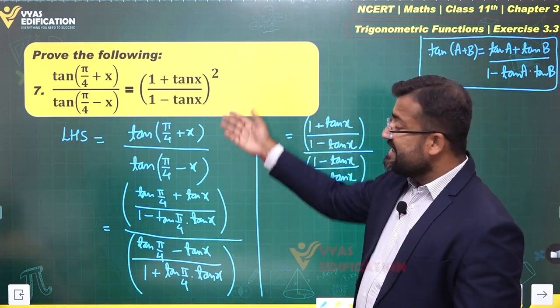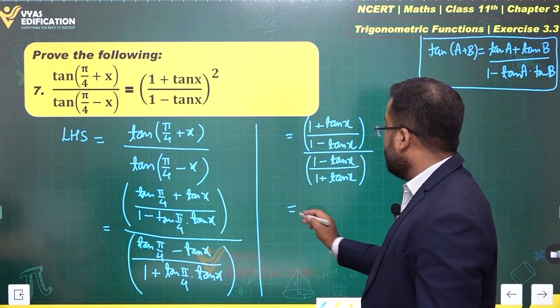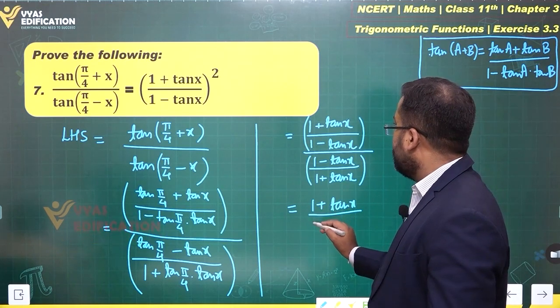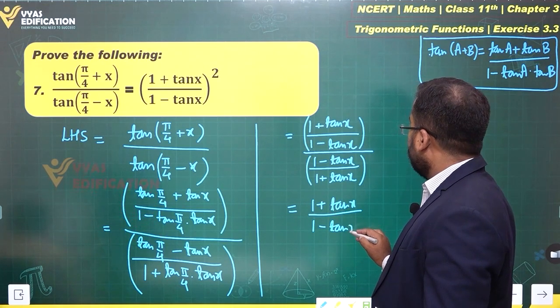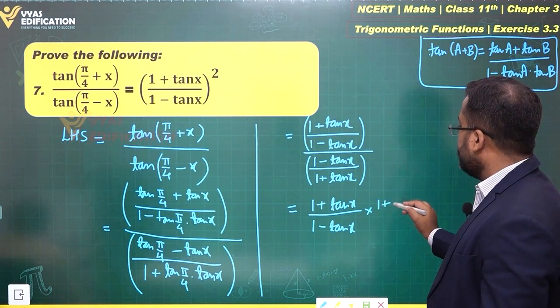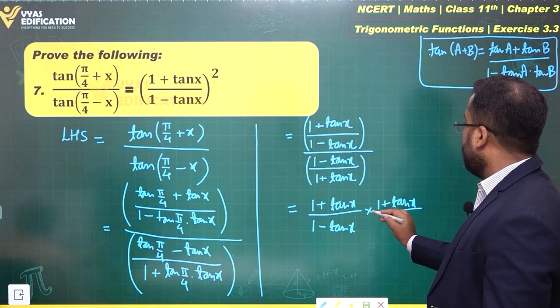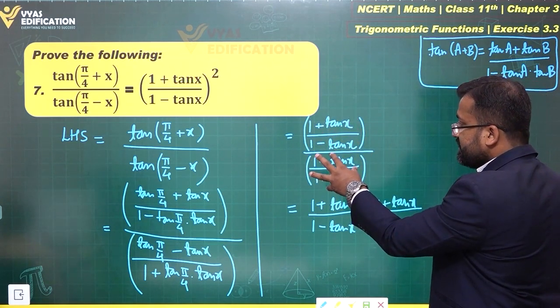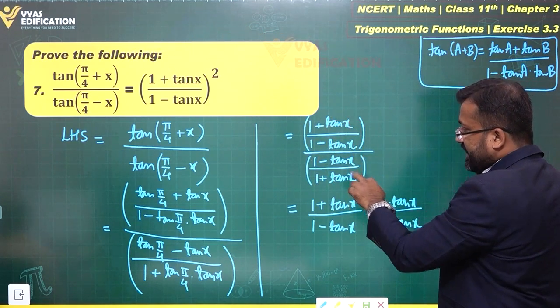Now we can reach this stage by simply writing the numerator, 1 plus tan x over 1 minus tan x, divided by this whole thing, which implies multiplying with the reciprocal, right? This divided by this would imply this multiplied by the reciprocal of this.